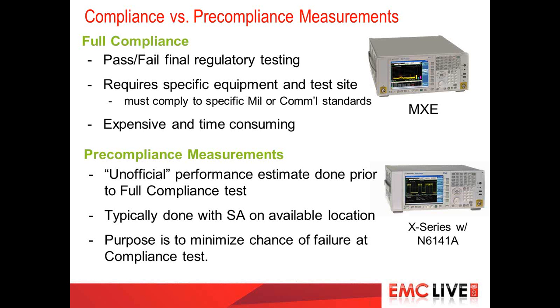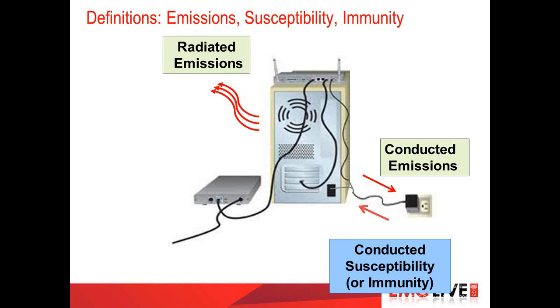Okay, so continuing on, we were just talking about emissions. The other side of EMC testing is called susceptibility. Susceptibility is really the opposite of emissions. This is where we're actually injecting a signal, bombarding our device under test with a very strong electromagnetic field.